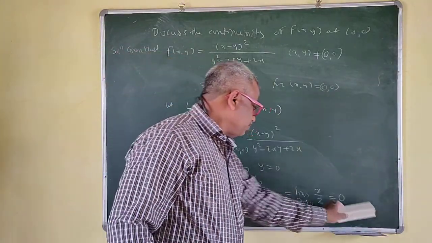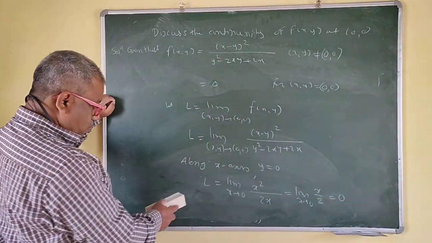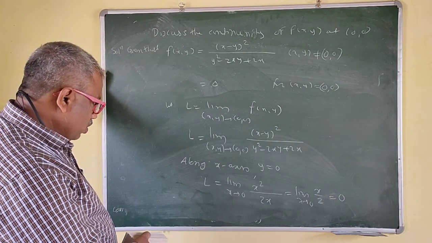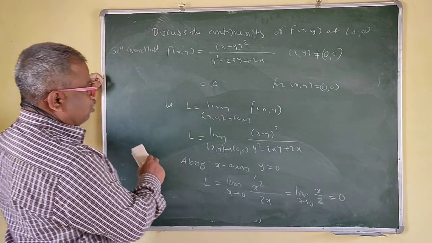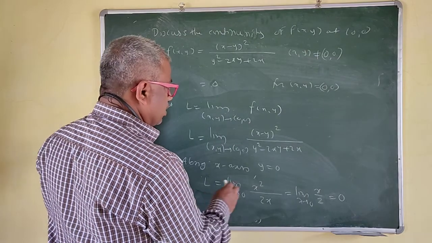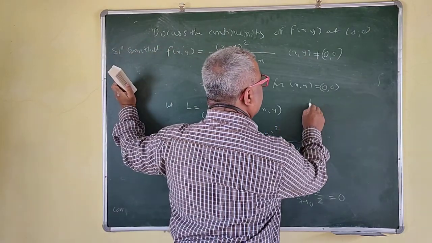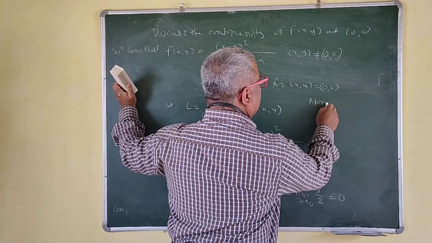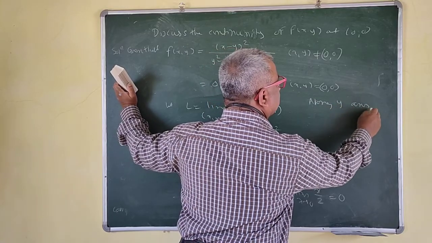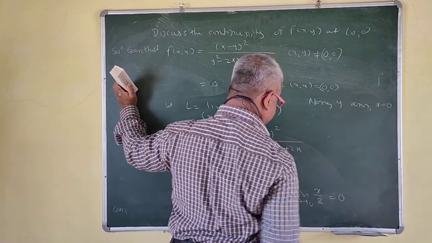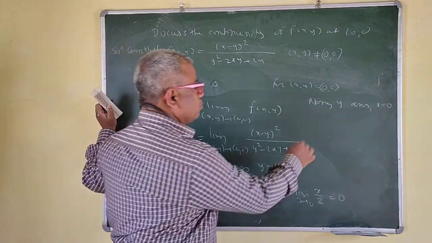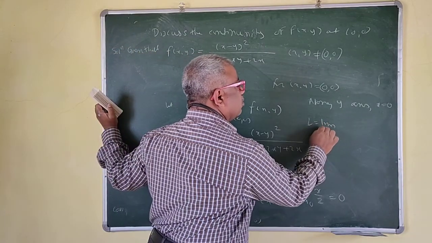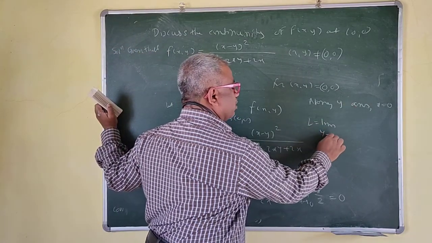So now what will we do? We will find the limit along the y-axis now. Along the y-axis, x is equal to 0. So L is equal to the limit, where x equal to 0 means y tends to 0.